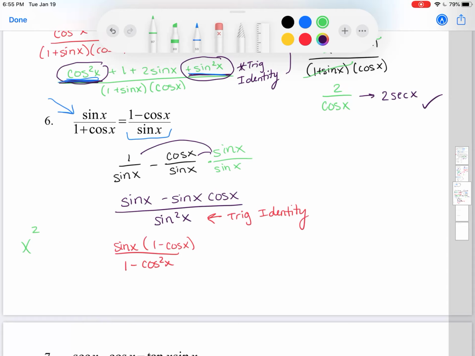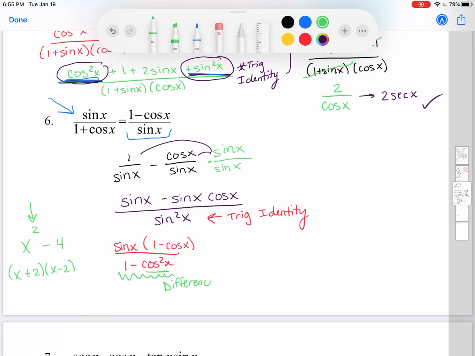So, remember this. Back when I asked you to factor difference of squares, if it was x squared minus 4, you would tell me that the two factors were an x plus 2 and an x minus 2. Same thing is going to get applied here. It's just that our squared term, or I guess they're both squared because 1 squared is still 1, but then the second term is going to be a cosine that gets squared.